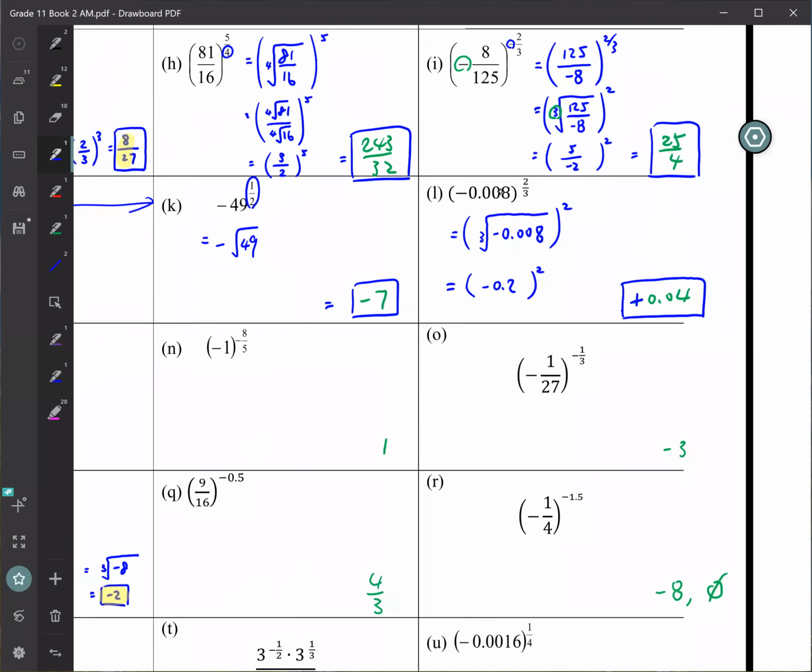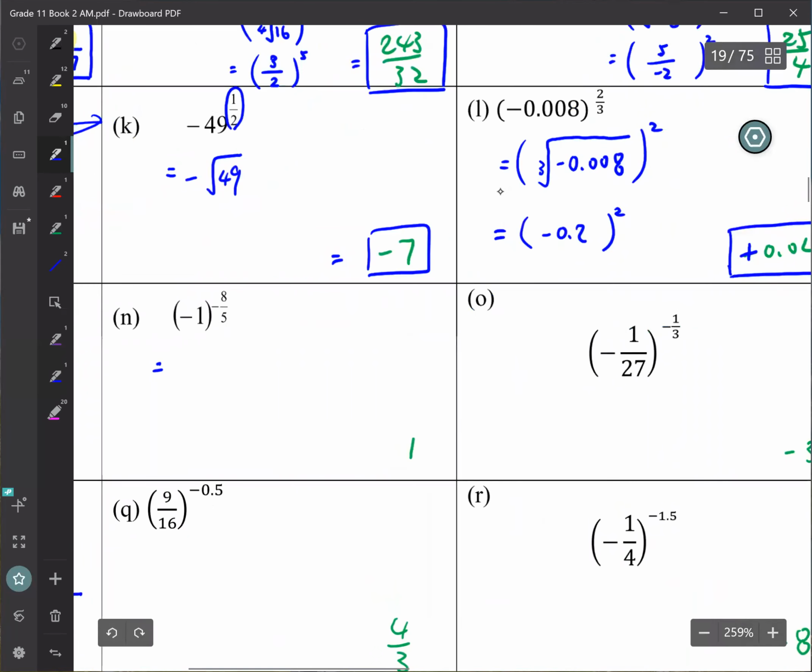All right, any questions so far? Okay, question I. There's a negative exponent, so that's the first thing I deal with. So I flip the negative 1, it's still going to be negative 1, right? Negative 1 over 1, flip it, is still negative 1. So this one, when you flip, nothing changes.